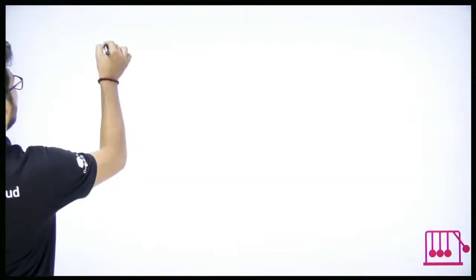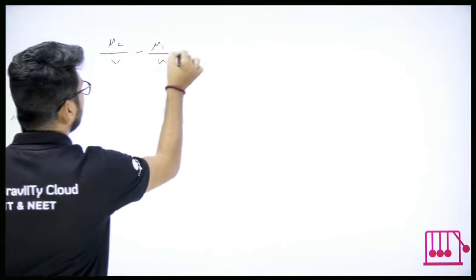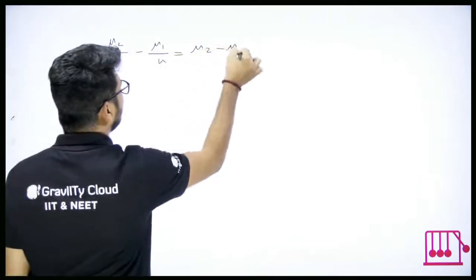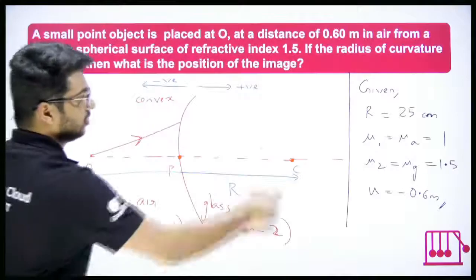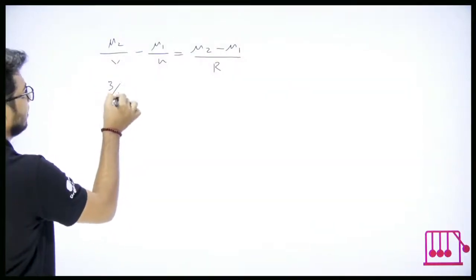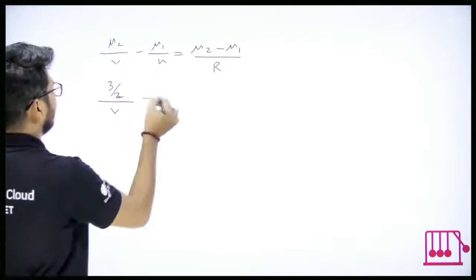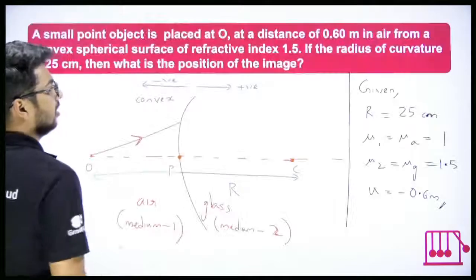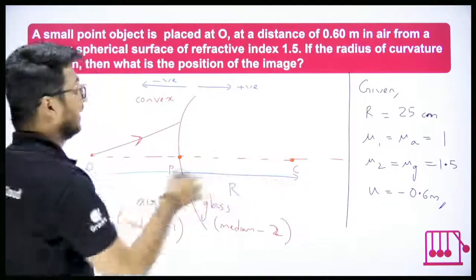What will we do? The formula. Mu 2 by v minus mu 1 by u is equal to mu 2 minus mu 1 by r. I just have to substitute mu 2 is equal to 1.5, which is 3 by 2. So 3 by 2 upon v; we don't know v, we have to find v. Mu 1 is 1 and u is minus 0.6.